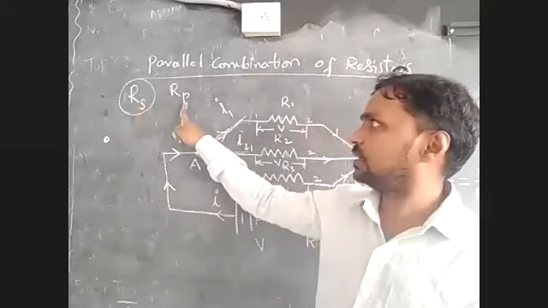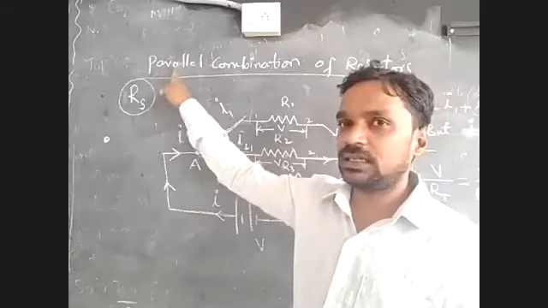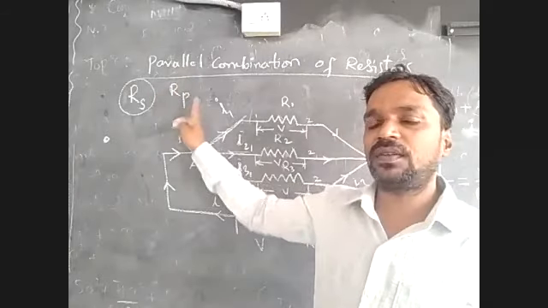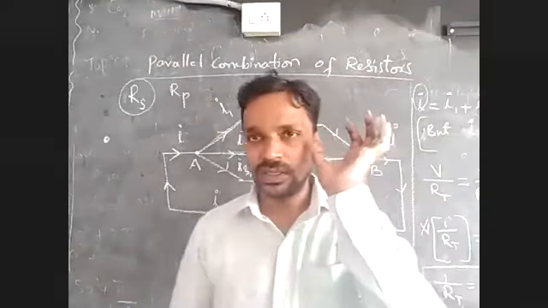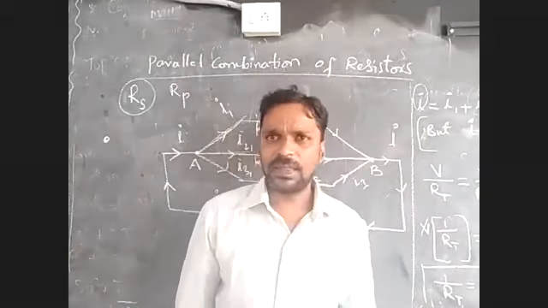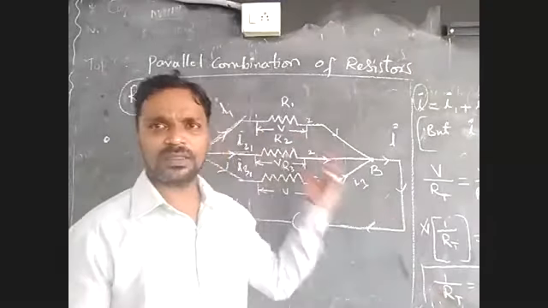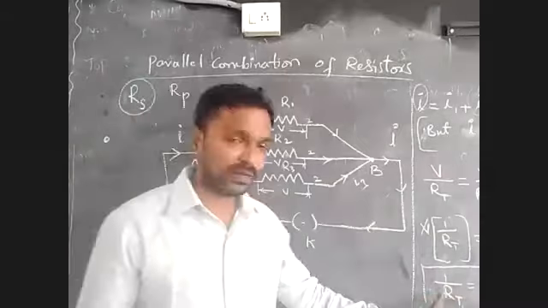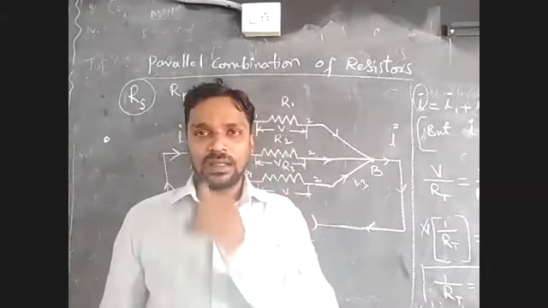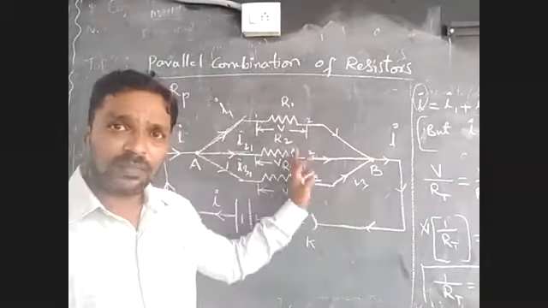R suffix P means the resultant or equivalent resistance in the parallel combination of resistors. When we are adding, here we are adding, here also we are adding. The thing is, in series we are adding directly, and here we are adding the reciprocals. Now let us see.